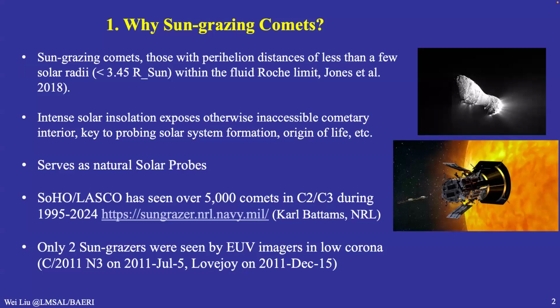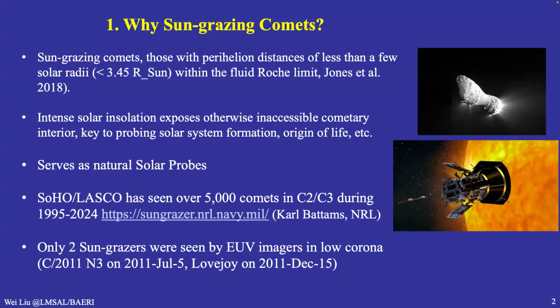The second interest for us solar physicists is that comets are really like free solar probes. When they go very close to the sun, into the low corona, we can use them to probe the conditions on the sun, for example the magnetic field and density structures of the corona.